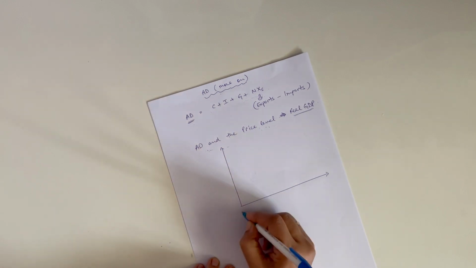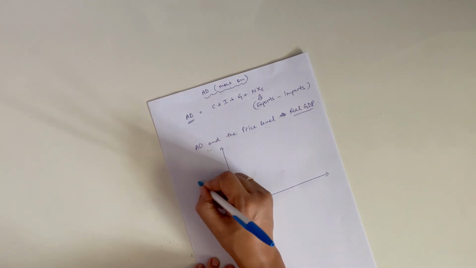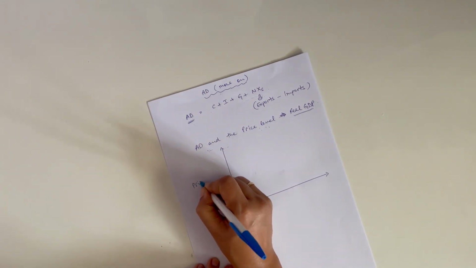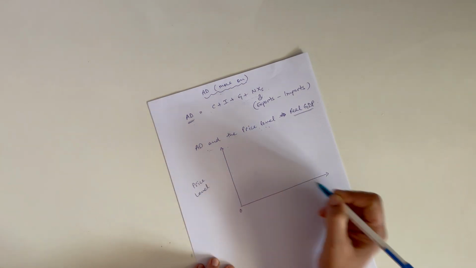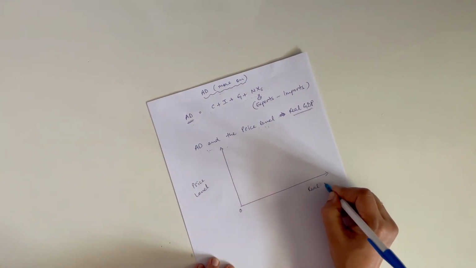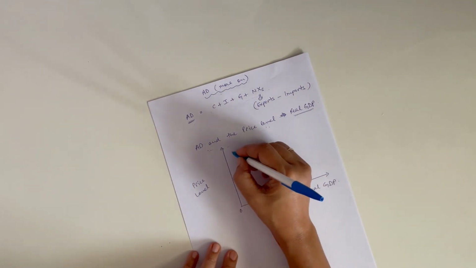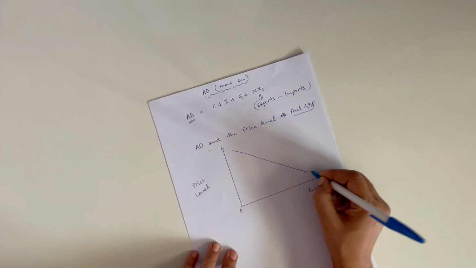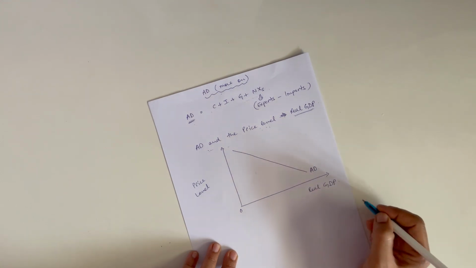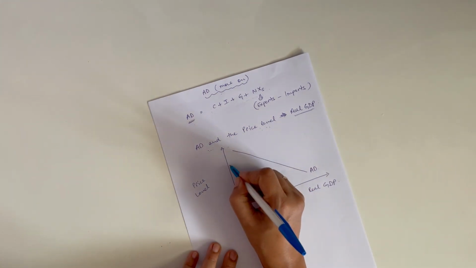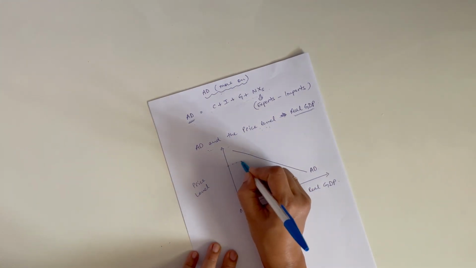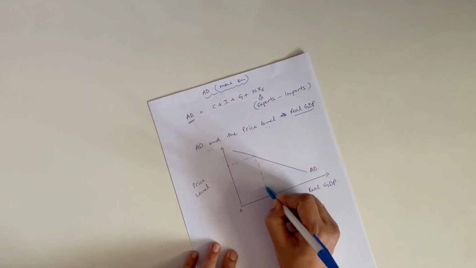So what I have is, here I have the price level, here I have the real GDP, and I'll draw my aggregate demand like this, okay? So let's say I have these 2 points.